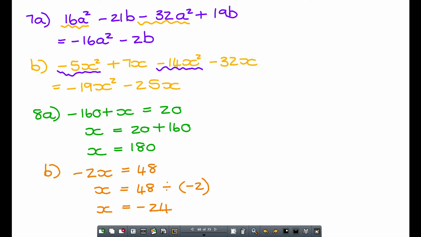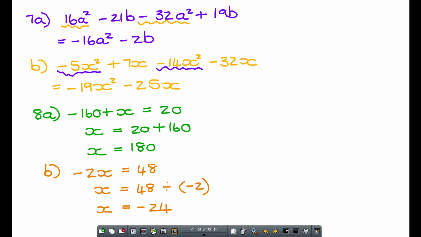Okay, at 8, they said write down the value of x that makes each of the following true. But in the test, I'm going to say solve x. Now when we've got to solve x, we sometimes have to move numbers and coefficients around, meaning to the other side of the equal sign.